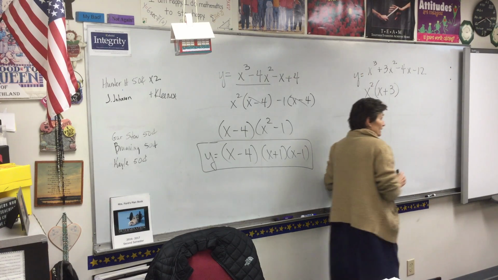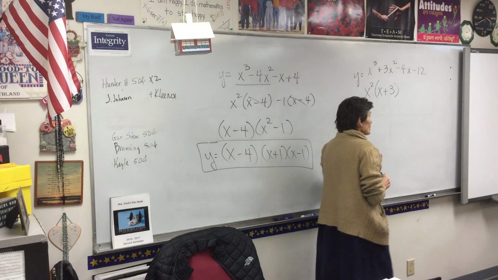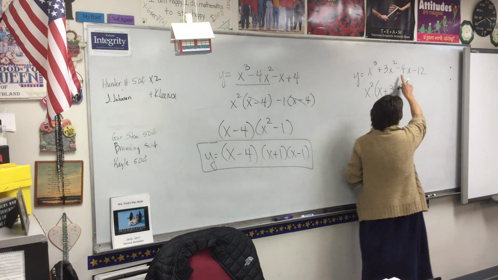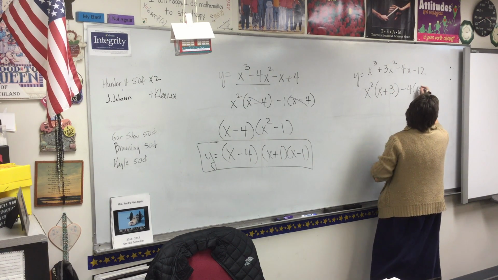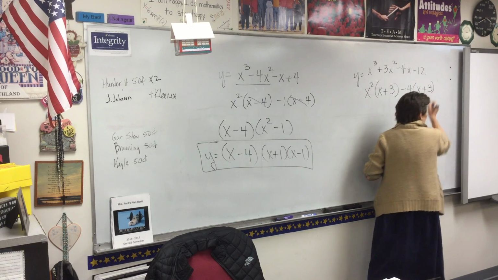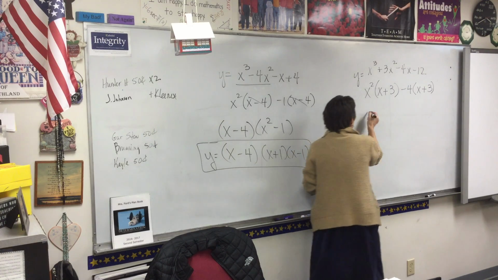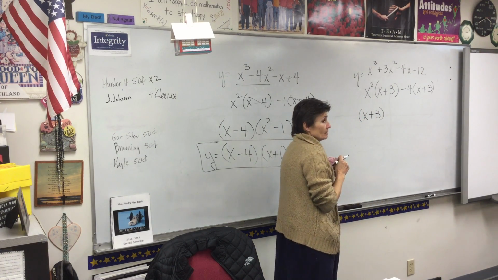Beautiful. Perfect. Now, Hannah, what's going to be the second part of that? You have to take out 4. Actually, I think I'll take out a negative 4. And then you're left with x plus 3. X plus 3. Yep. And there it is. That's what we have to have happen. We have to have that common parentheses.